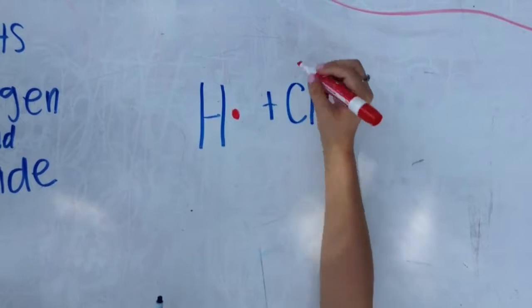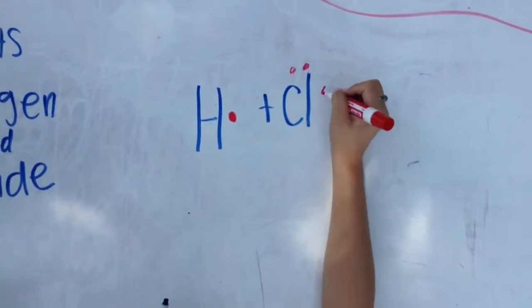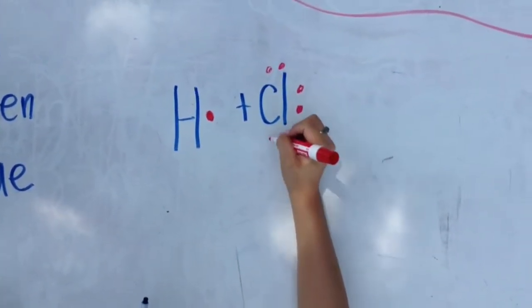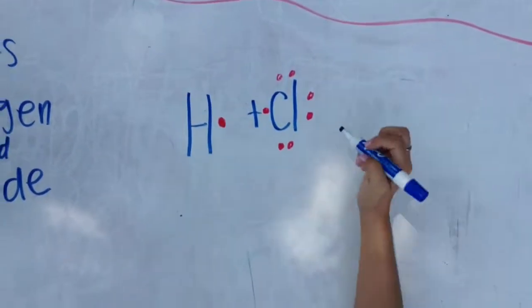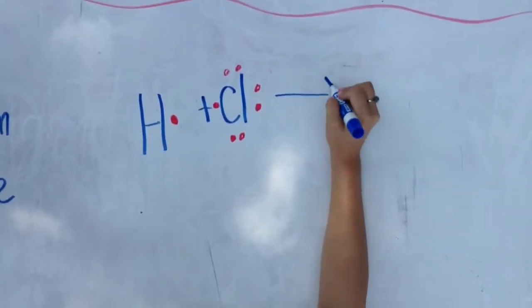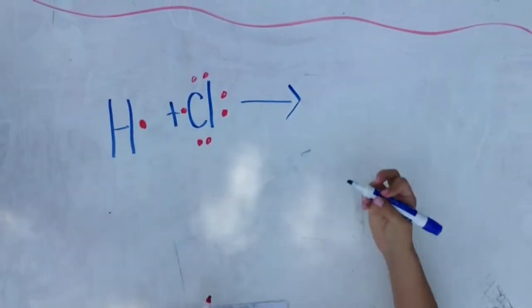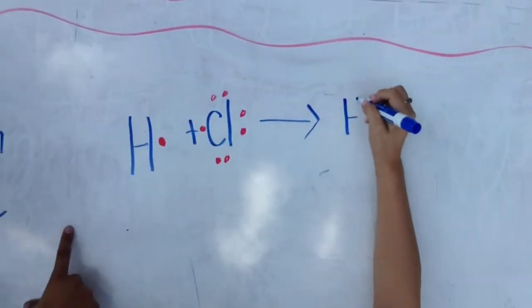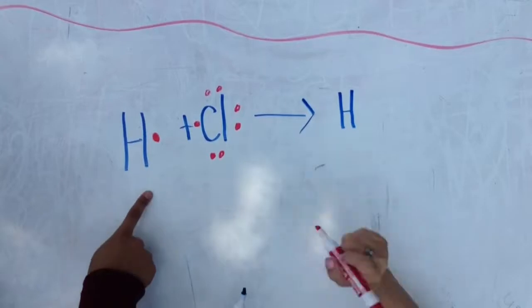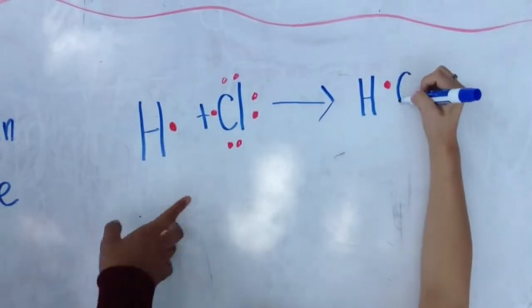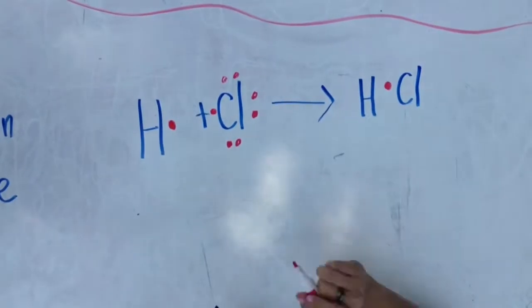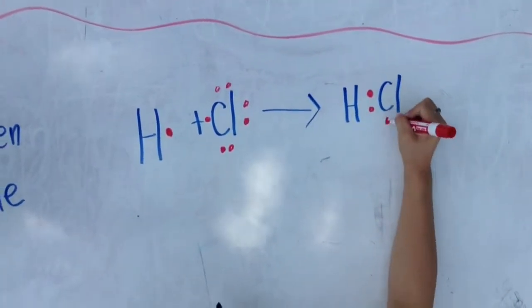In this example, chloride has a higher electronegativity than hydrogen. So that means chloride holds more electrons than hydrogen. It'd be easier for hydrogen to give up an electron to chlorine so it could be happy and have 8 valence electrons.